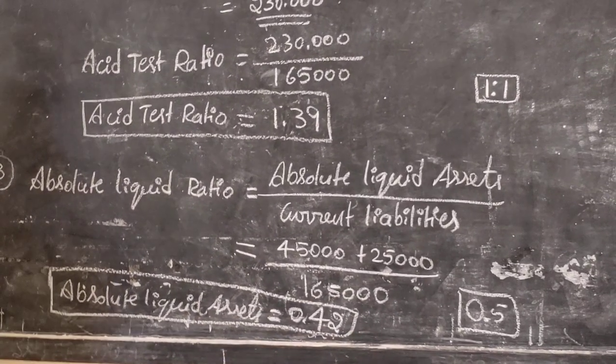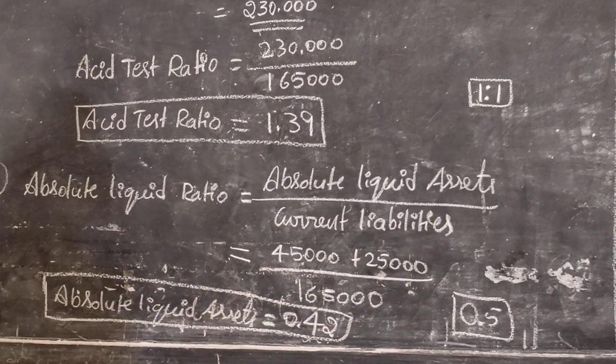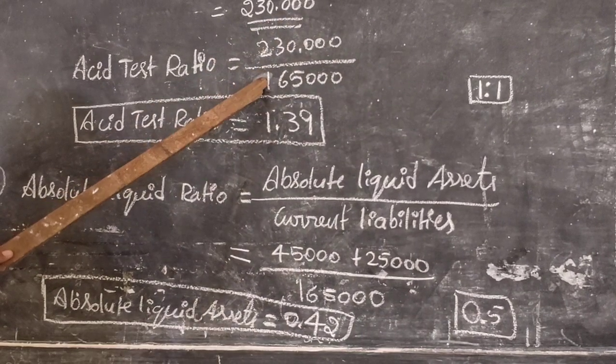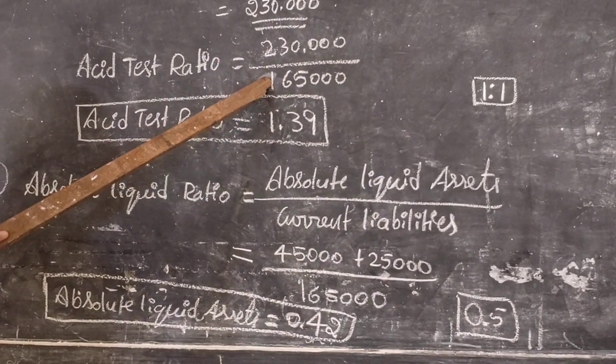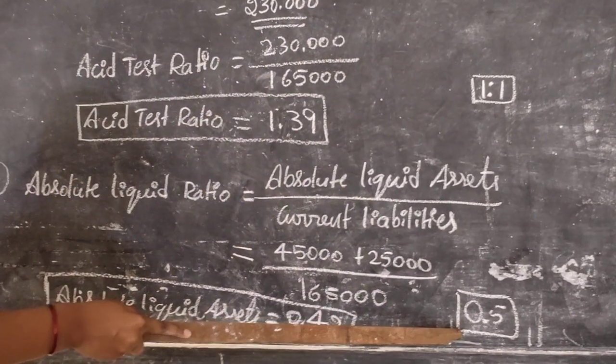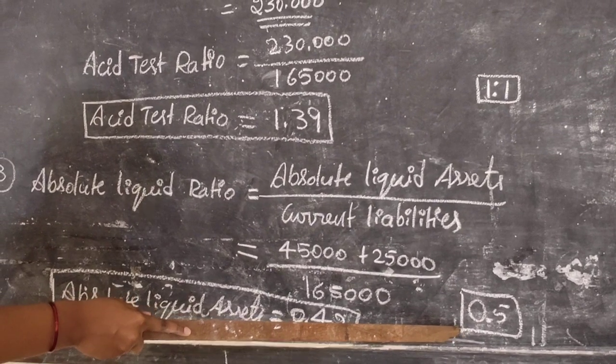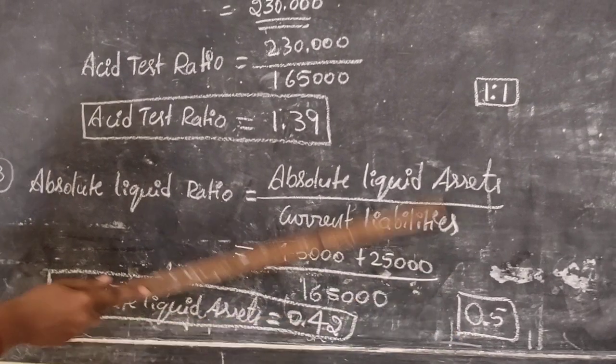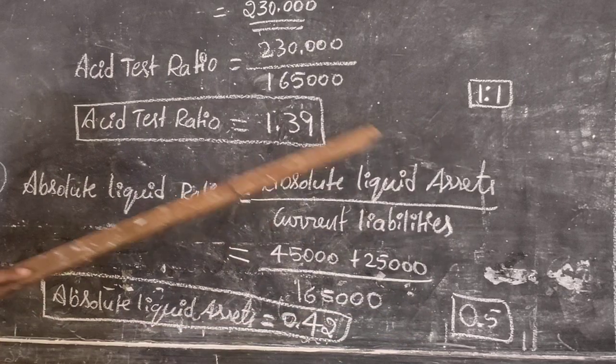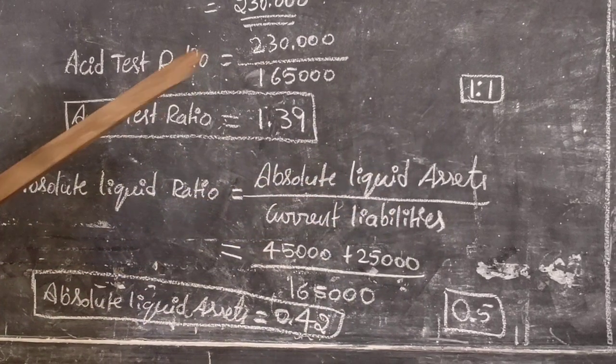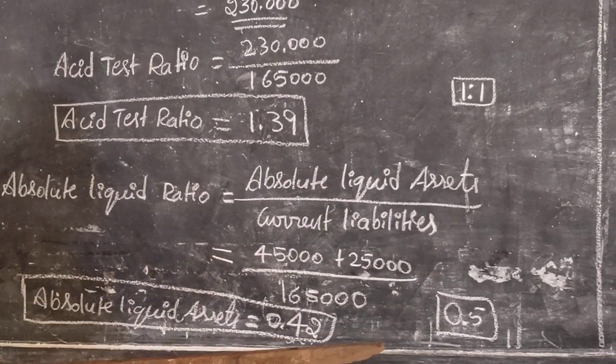I already told that for current ratio, 2:1 is the standard ratio, for liquid ratio 1:1 is the standard ratio, and for this absolute liquid ratio 0.5 is the standard ratio. So these are the standard ratios. We have to compare the calculated ratios with the standard ratios.